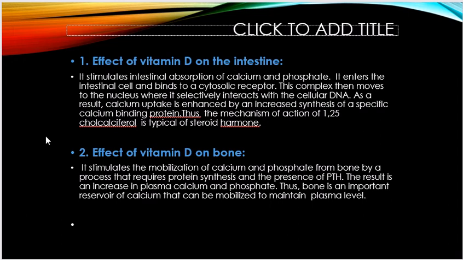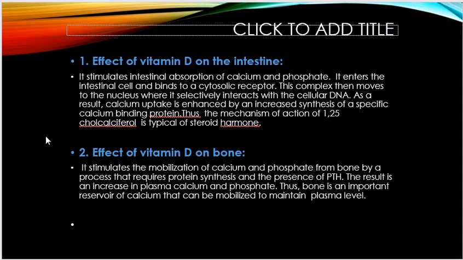The effect of vitamin D on the intestine: it stimulates the intestinal absorption of calcium and phosphate. It enters the intestinal cells and binds to a cytosolic receptor. This complex then moves to the nucleus, where it selectively interacts with the cellular DNA. As a result, calcium uptake is enhanced by an increased synthesis of a specific calcium-binding protein. This mechanism of action of 1,25-dihydroxycholecalciferol is atypical, like a steroid hormone.